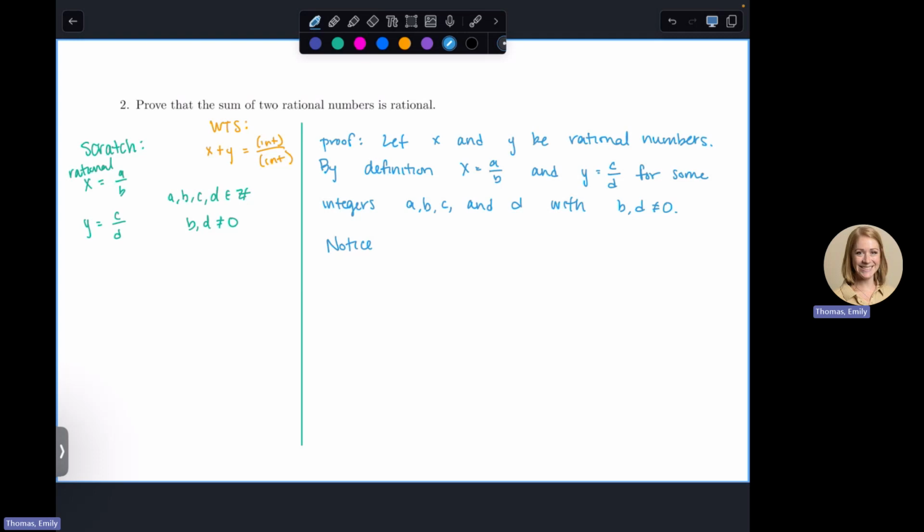Start with x plus y there. Yeah, x plus y. Or actually, just do the math. a over b plus c over d, which means, and since b and d are not equal to 0, we've got to actually do it though. So, did I do the common denominator well?